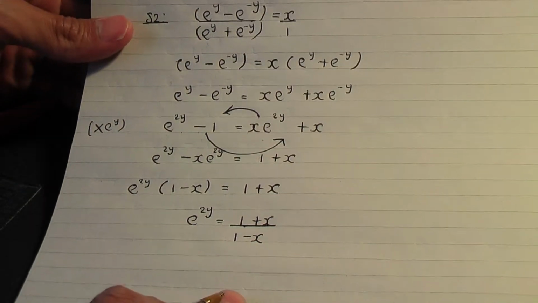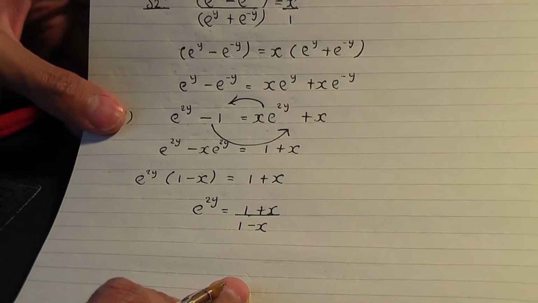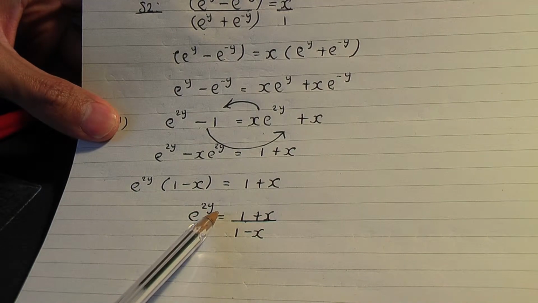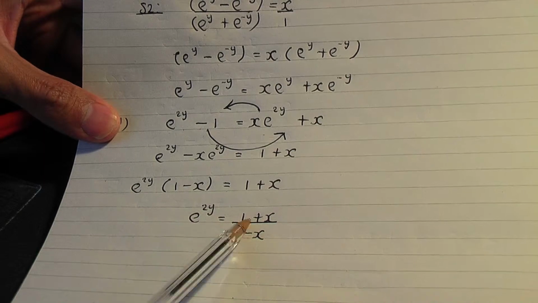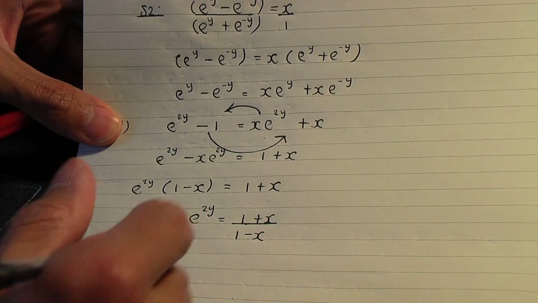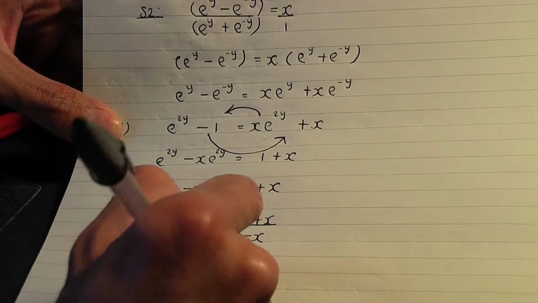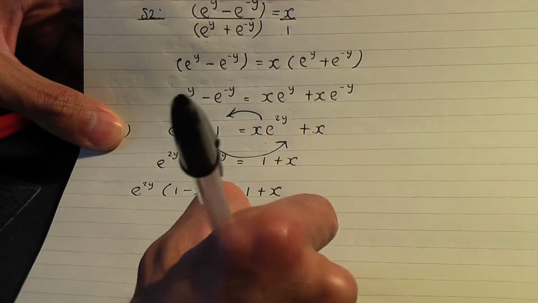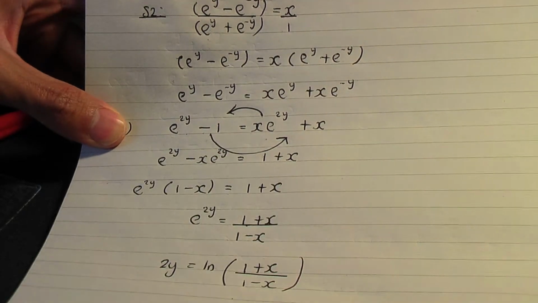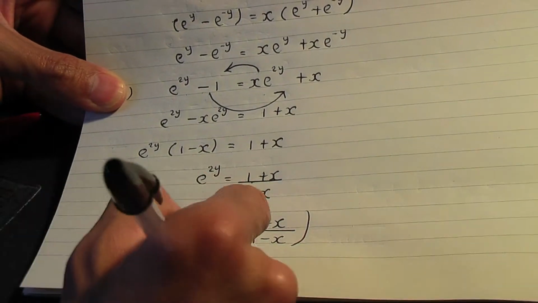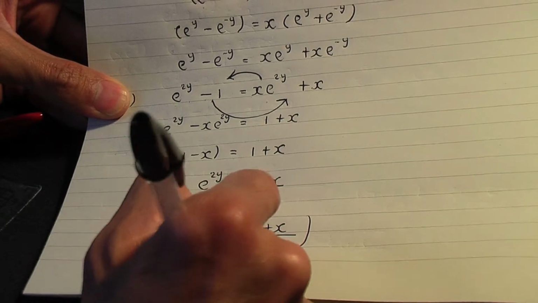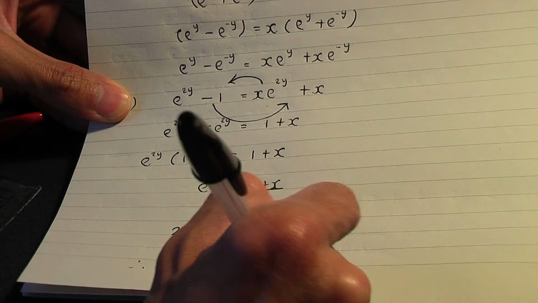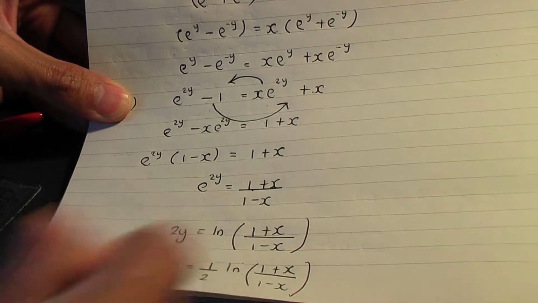From this point forward, we can make 2y the subject by taking ln's or logs on both sides. If I take ln's on both sides, 2y will be ln of (1 plus x) over (1 minus x). If I rearrange for y, therefore y will be 1 over 2 ln of (1 plus x) over (1 minus x).